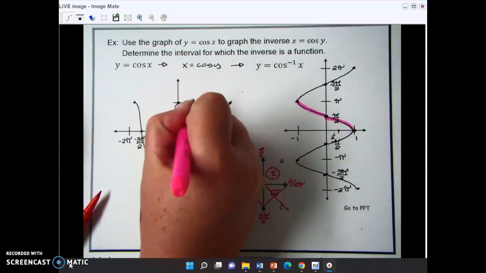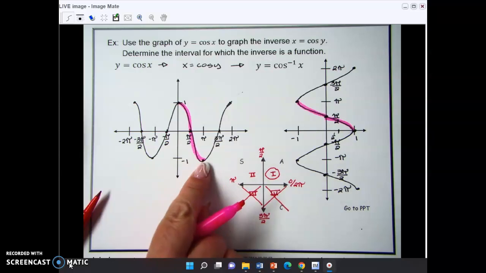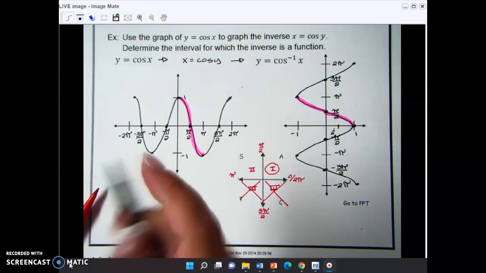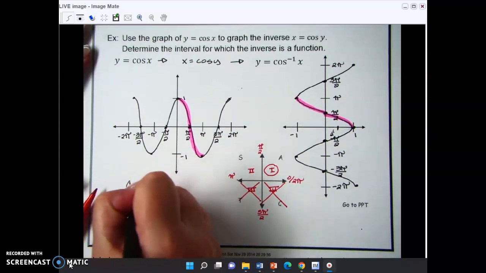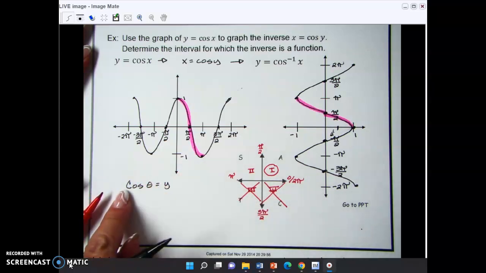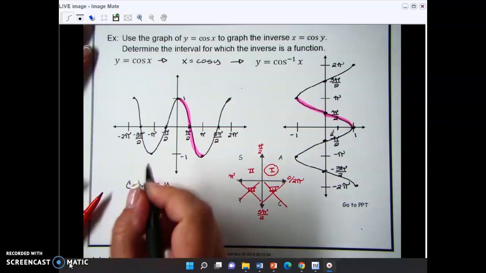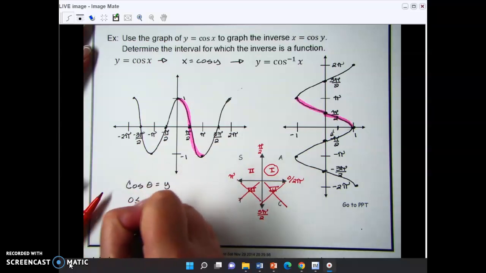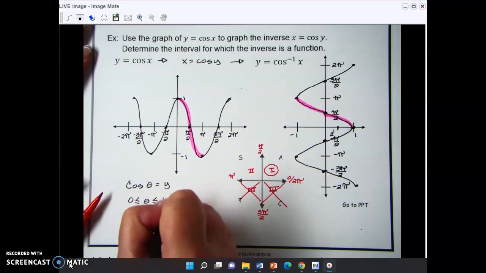So in my original function from 0 to pi, if I would have cosine of theta is equal to y, notice it's a capital C, and that means that 0 is less than or equal to theta is less than or equal to pi.